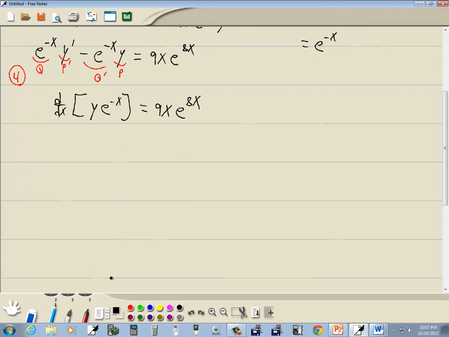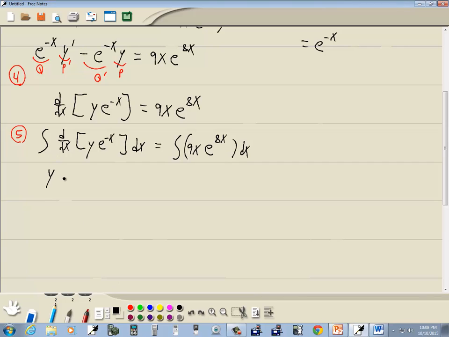Okay, step 5. Take the integral of both sides with respect to x. So we got the integral of the derivative, and over here I got the integral of 9x e to the 8x dx. Well, over on this side, that's going to cancel. Gives us y e to the negative x equals.